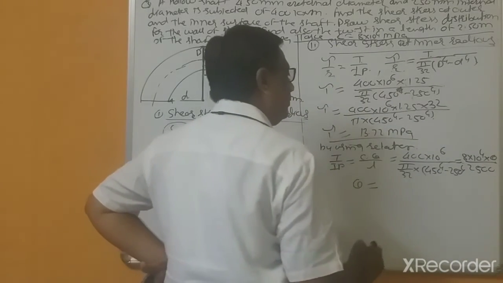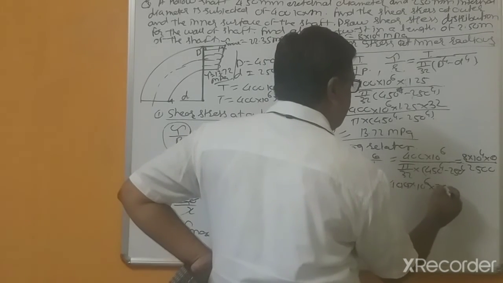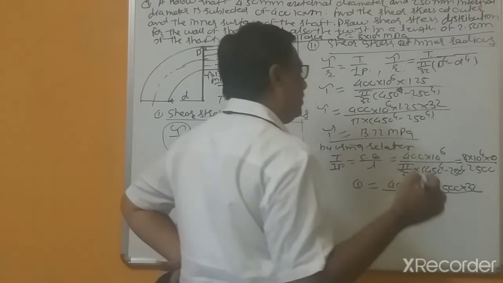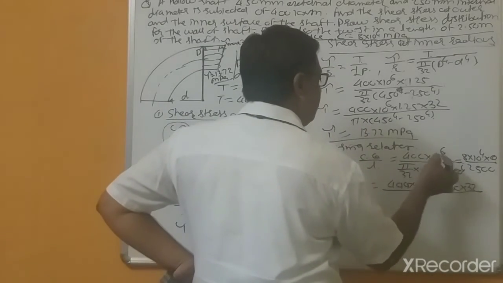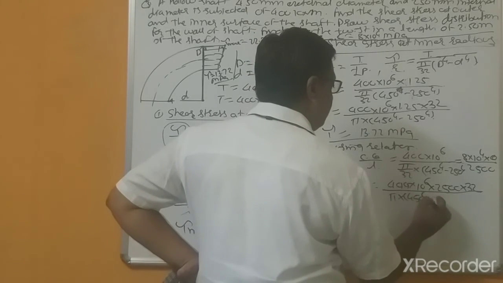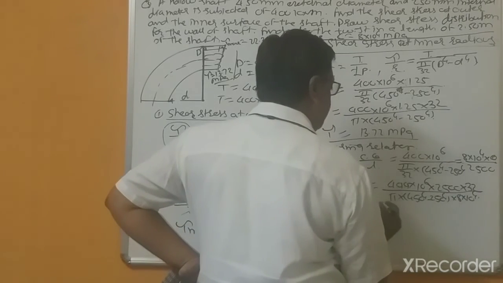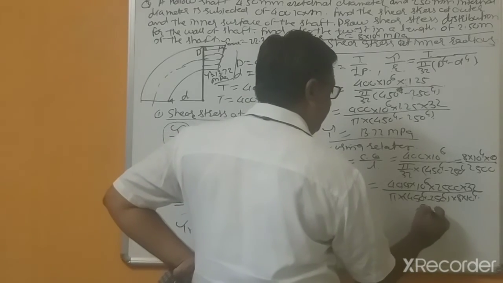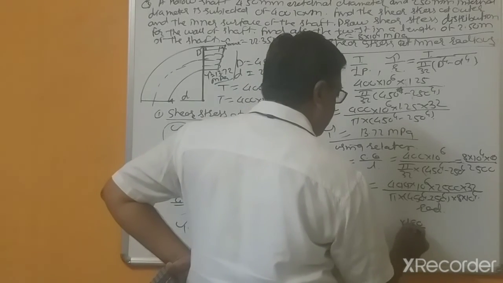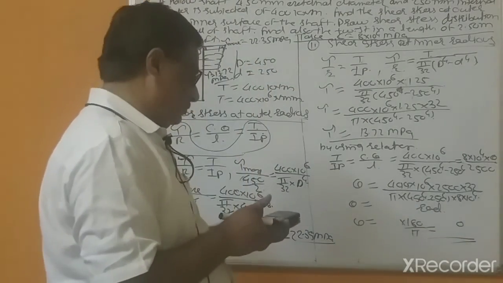So theta equal to 400 into 10 to the power 6 multiplied by 2500 multiplied by 32. Try to understand this cross multiplication. This theta you will get in radians, and if this value is multiplied by 180 divided by pi, you will get this in degrees.